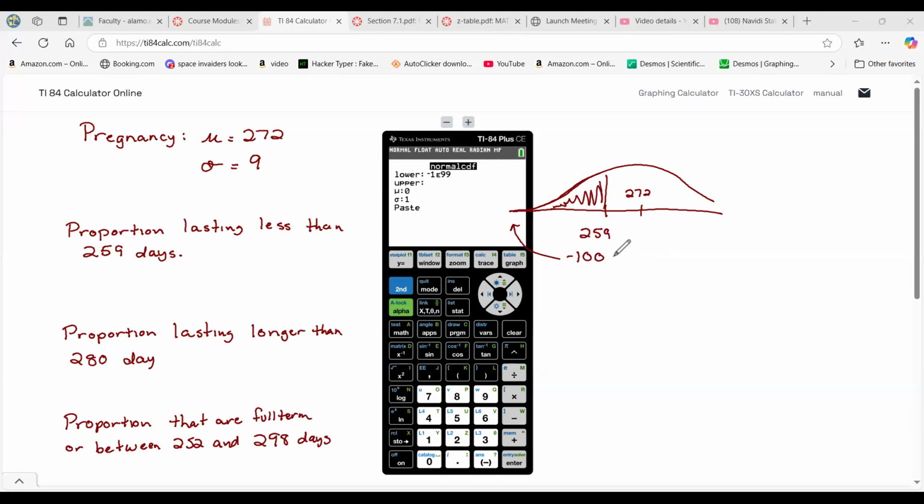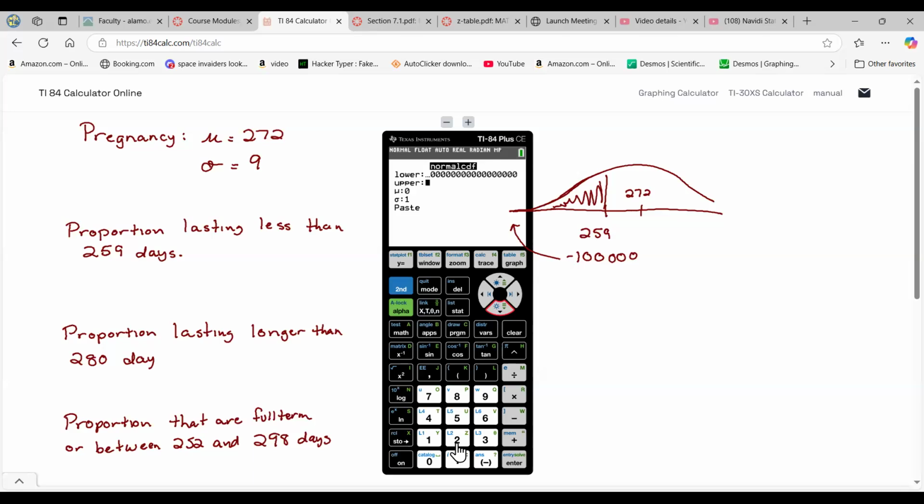Or even more, you could just type in like 1,000. What I was trying to do is get you as close to going out to infinity as you can. So remember negative, and I'd say just put as many zeros as you can in there, up to a point where it's going to be diminishing returns and not making much of a difference.